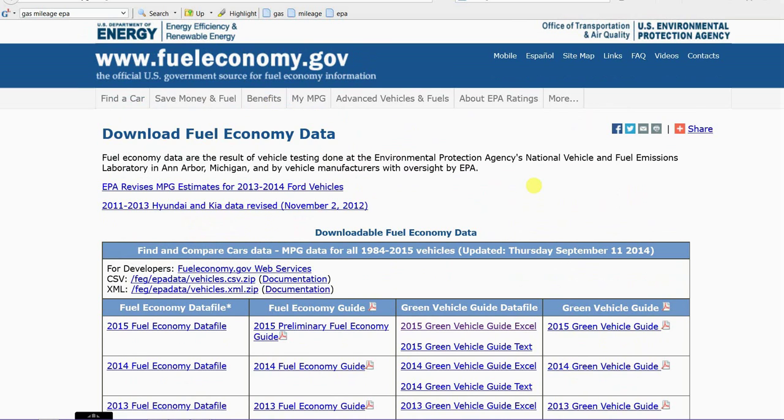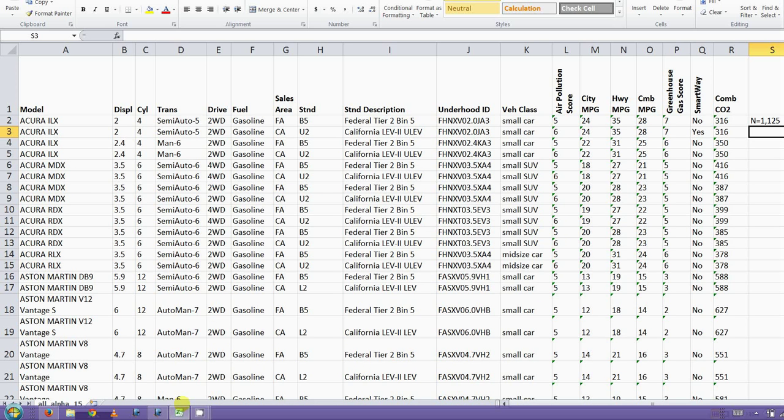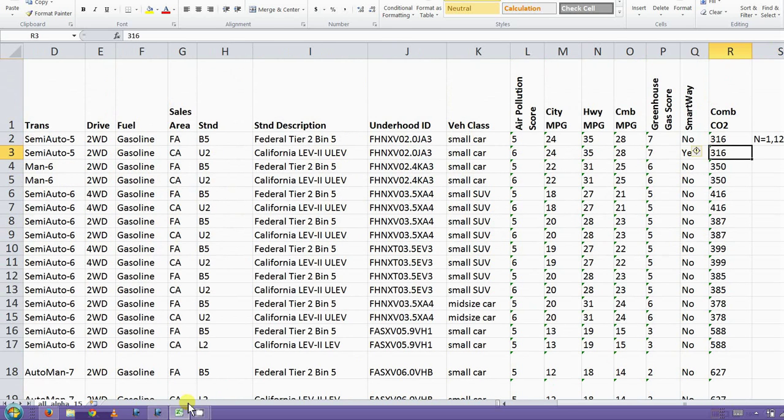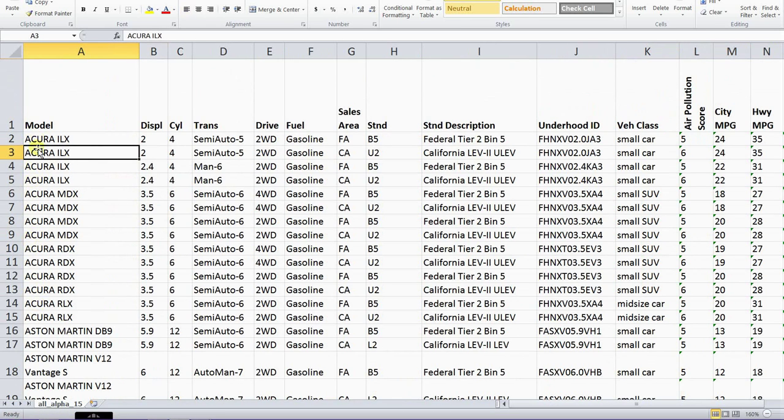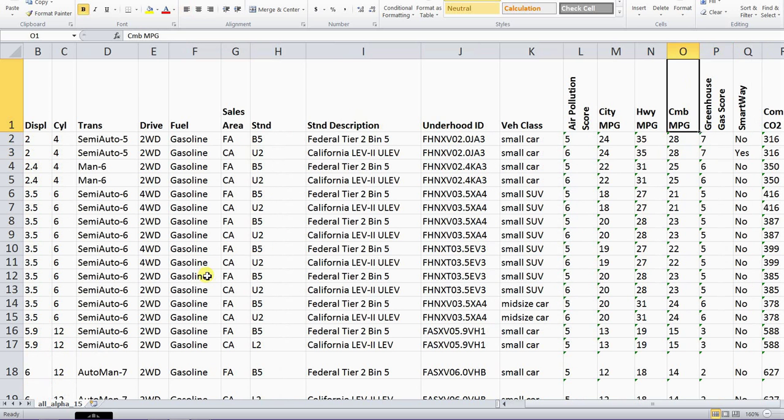So let's look at that data very quickly, and we're going to pick a variable that we can use. Let me zoom in so that you can read it a little more easily. Here we have models of car, and it looks like just about every different kind of engine size and transmission type for automobiles sold in the United States. The variable that we might want to look at, just because it's interesting, might be the highway miles per gallon variable right over here.